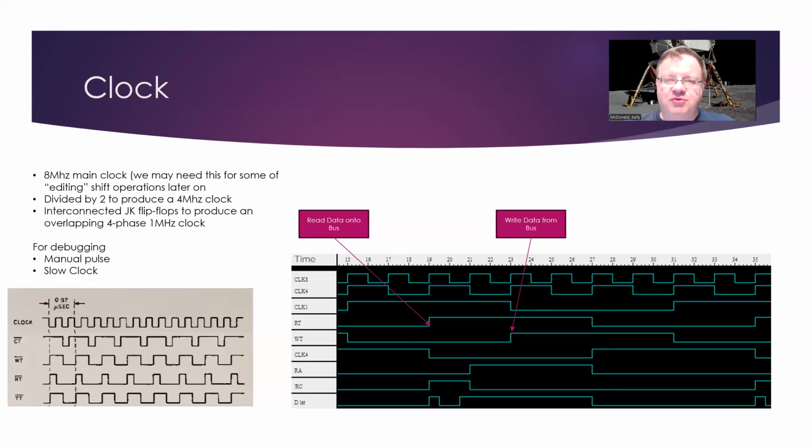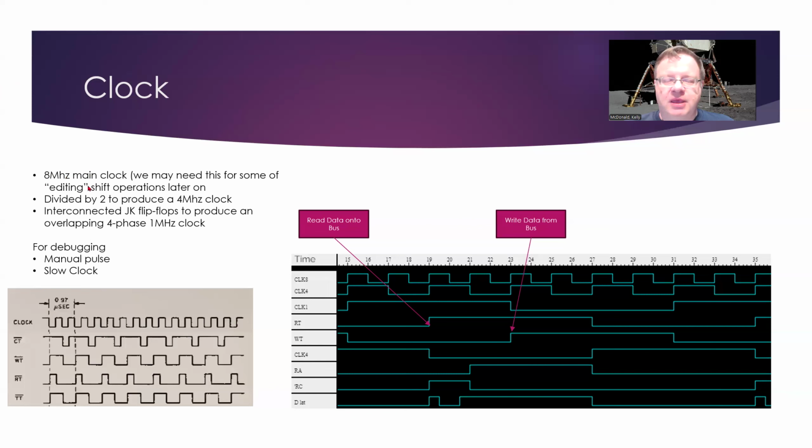As data is written into or out of the G register, we can shift the data either to the left or to the right, and we may need to perform multiple operations within a single computer clock pulse in order to replicate that shift register.